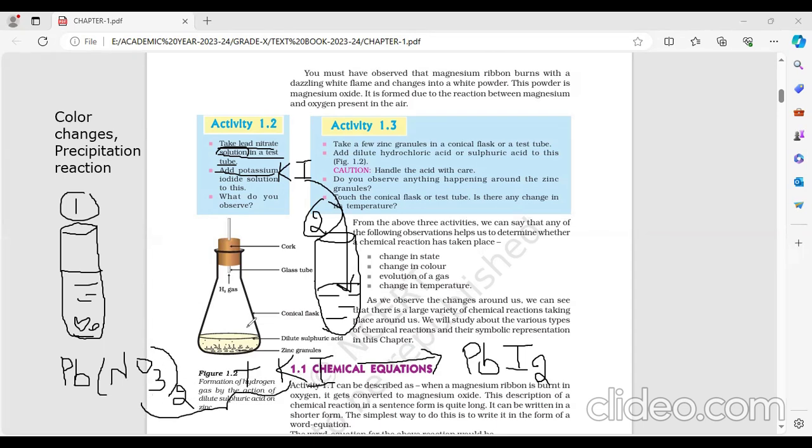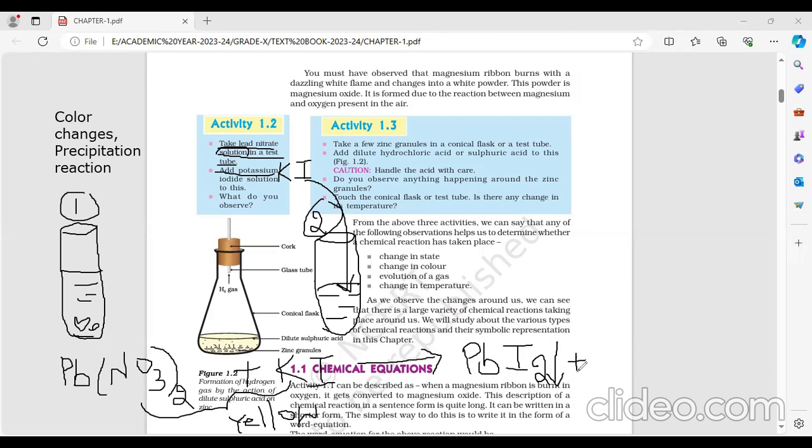When we mix these two solutions, the color which forms is yellow, so you should remember that. The color changes to yellow. Then this lead iodide is a precipitate which settles at the bottom of the test tube. It is in solid state, so we call it a precipitate.